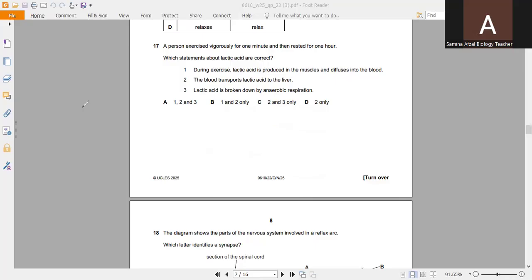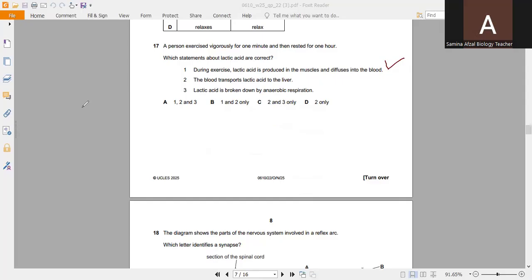Yes, it happens when we do vigorous exercises. Anaerobic respiration takes place, and due to anaerobic respiration, lactic acid is produced and it diffuses into the blood. So overworked muscle cells produce lactic acid, which then diffuses into the bloodstream to be cleared. So this statement is correct.